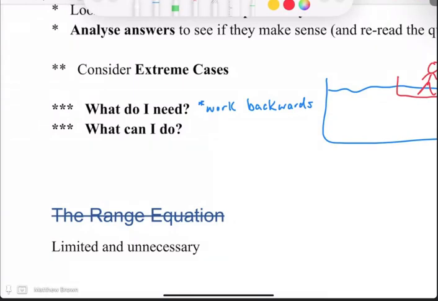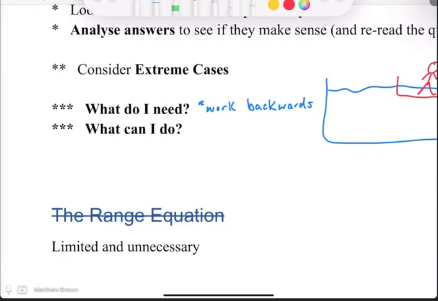I remember in grade 11 that were like that, where maybe you have an astronaut with a certain mass who pushes another astronaut, and you want to figure out the final speed of the second astronaut, right? And you're told the time of contact or whatever. So you kind of have to work your way backwards and say, well, what do I need to calculate the second astronaut's final velocity?